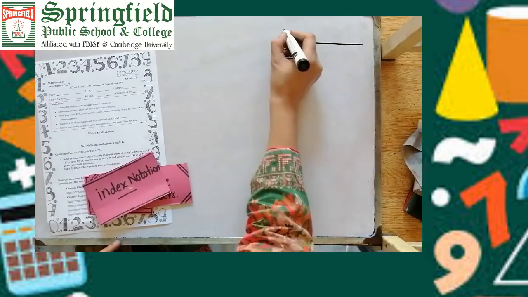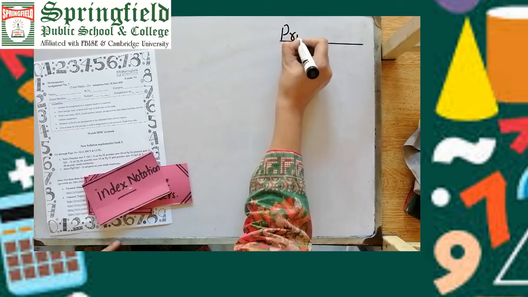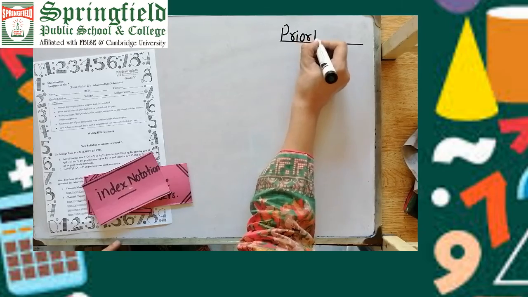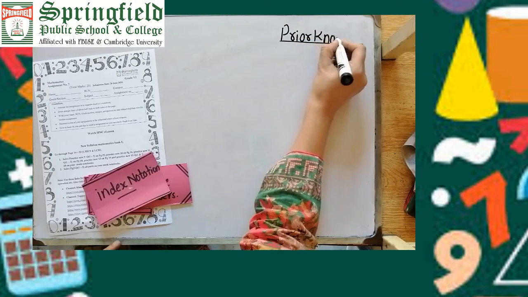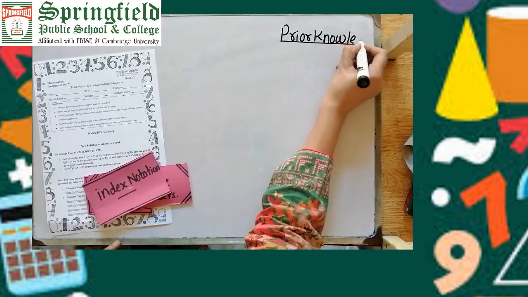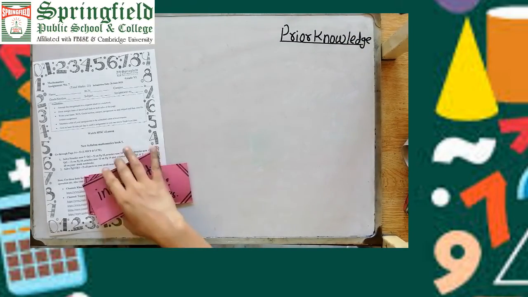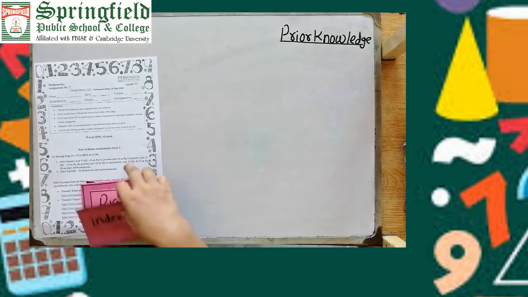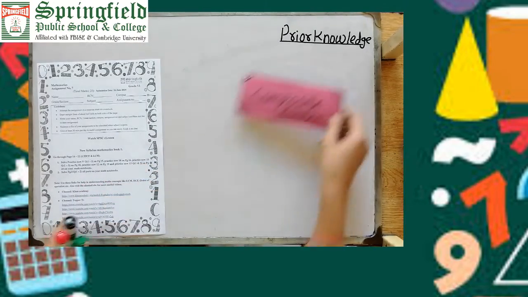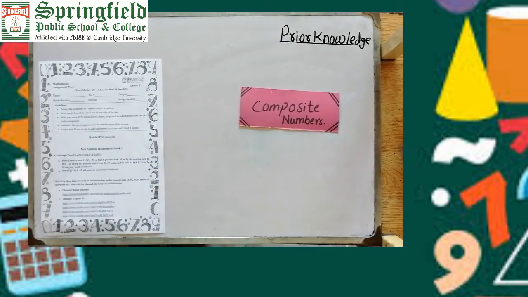Prior knowledge. The first point: do you remember about the prime number and composite number?